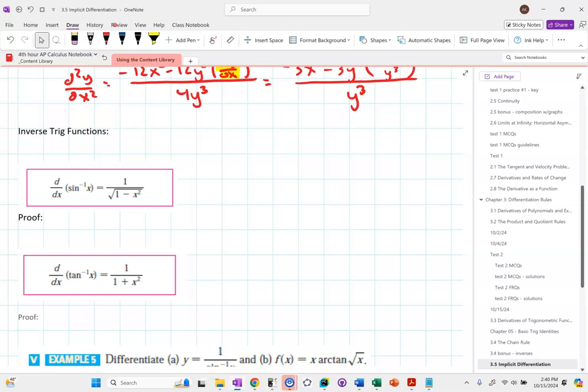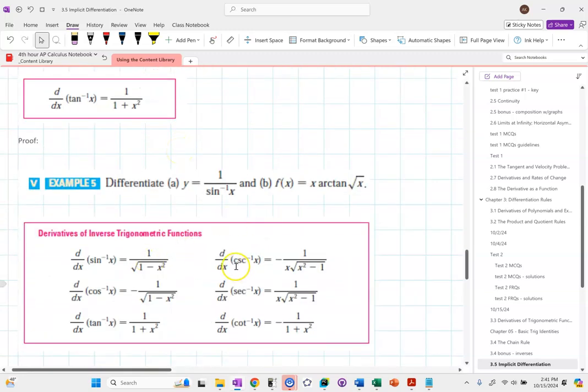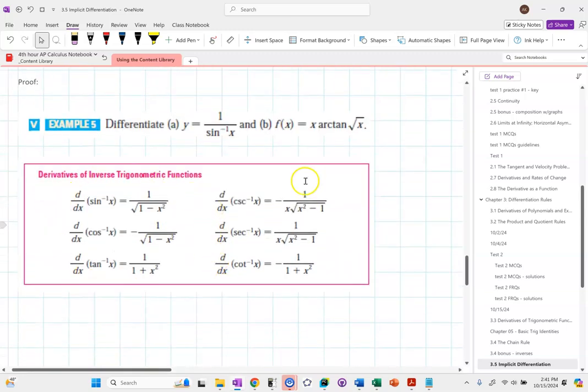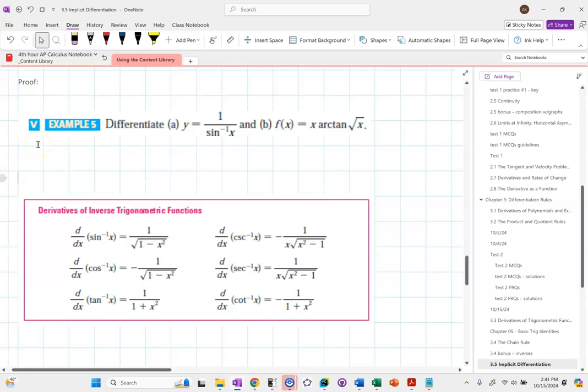We have a to the x. Now we're going to have the inverse trigs: sine inverse, cosine inverse, tan inverse, etc. So I've got them all collected together here. But let's do this last example.